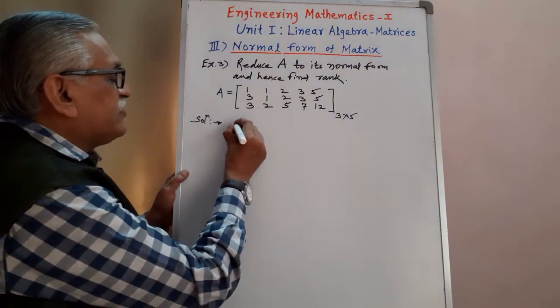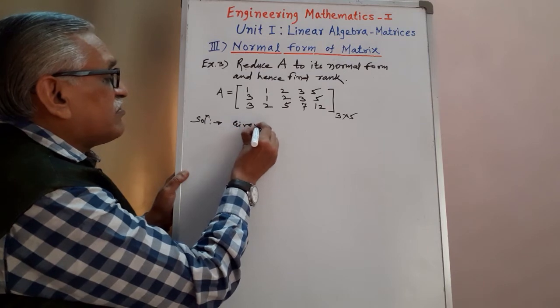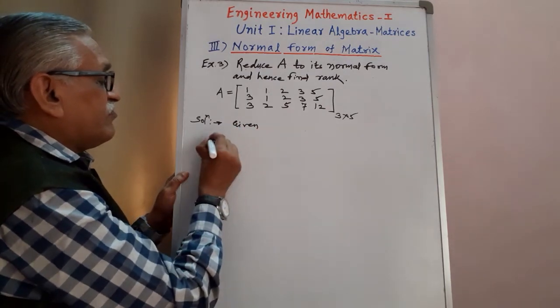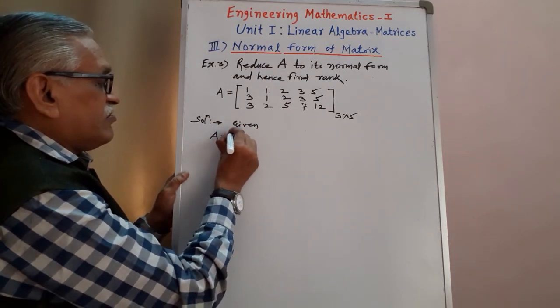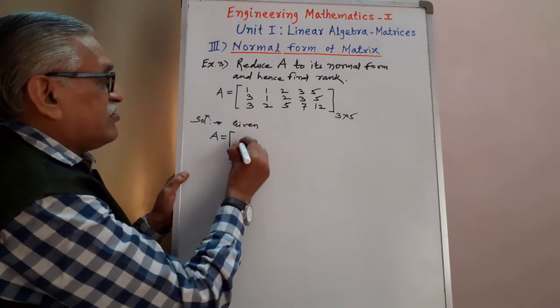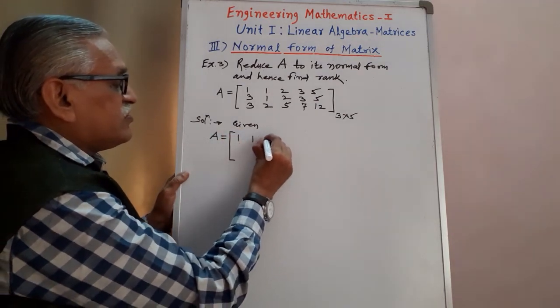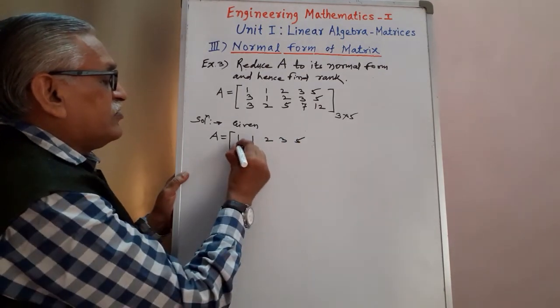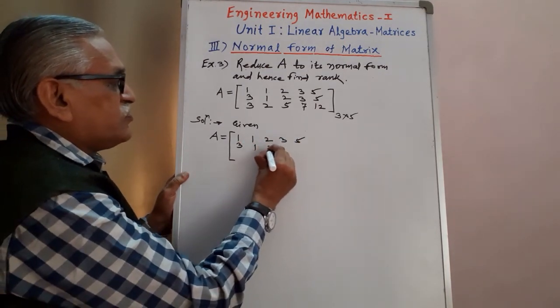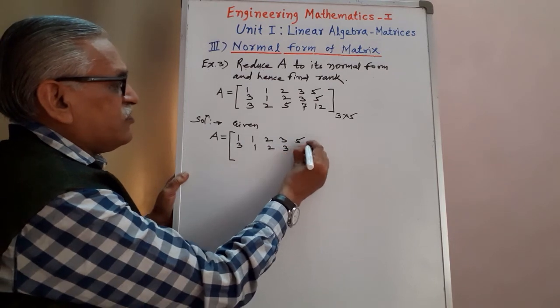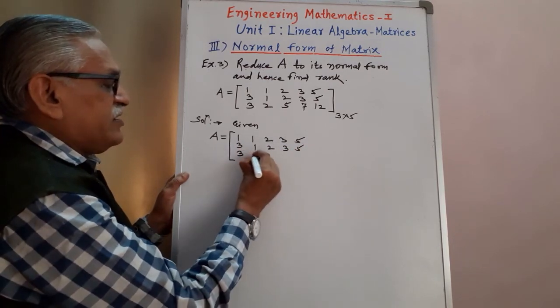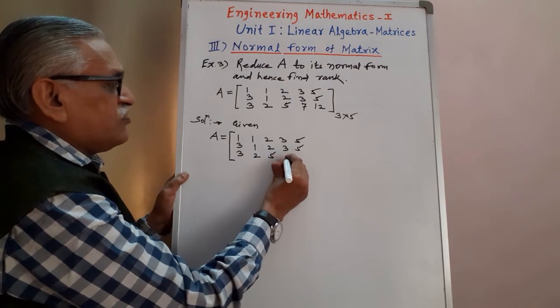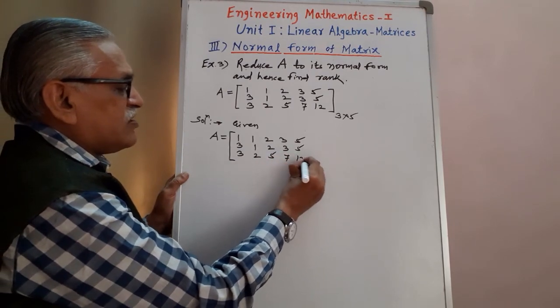Here the given matrix is 1, 1, 2, 3, 5; 3, 1, 2, 3, 5; 3, 2, 5, 7 and 12.